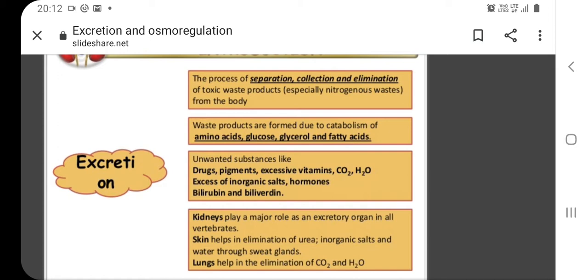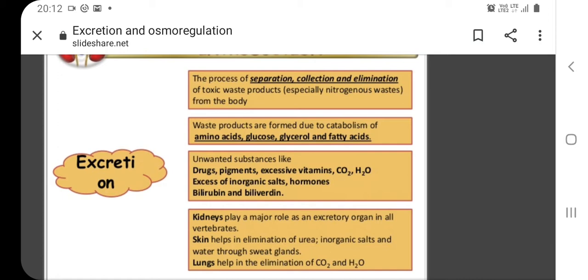Before discussing in detail the anatomy of the kidney, the anatomy of other excretory systems, as well as the physiology of excretion, I will briefly explain the process of excretion, what is excretion, and how it is different from osmoregulation.